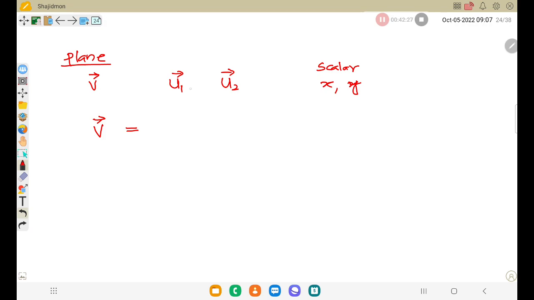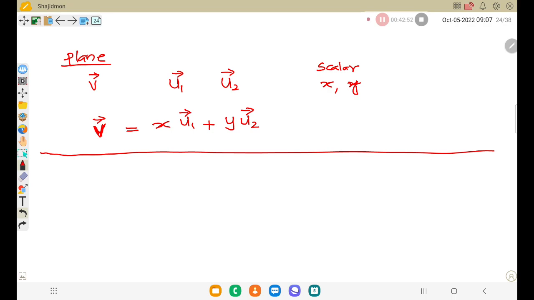So vector v is a linear combination of u1 and u2 means a number x multiply vector u1 plus another number y multiply vector u2. What answer should it be? You should get vector v. Then we are telling v is a linear combination of u1 and u2.